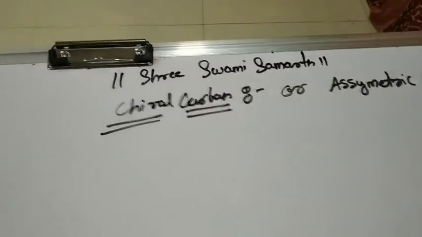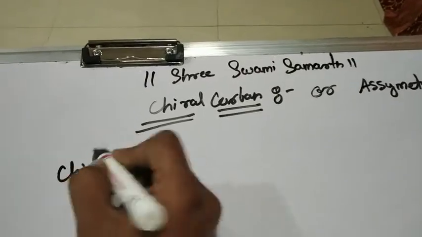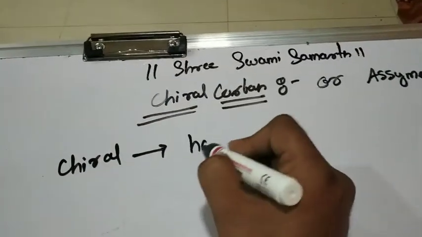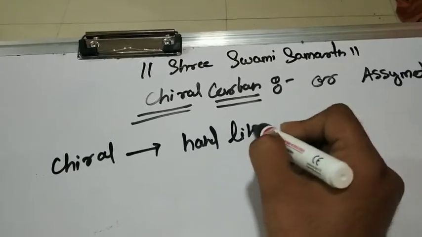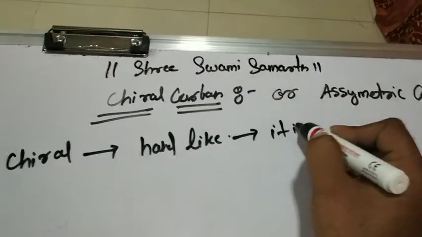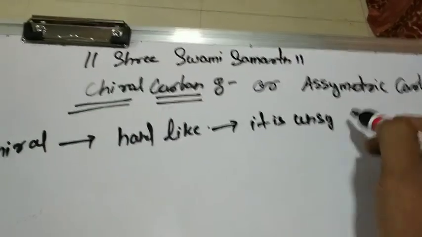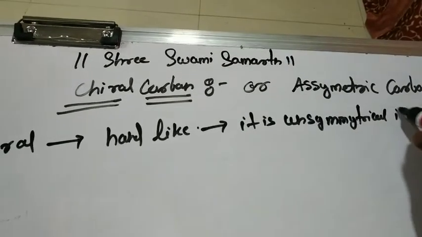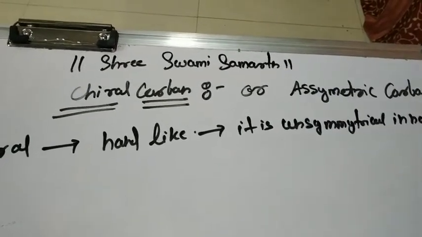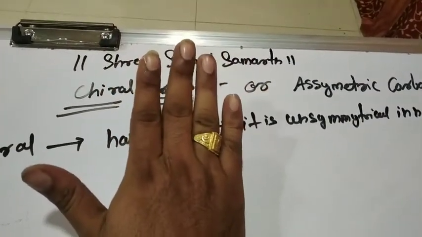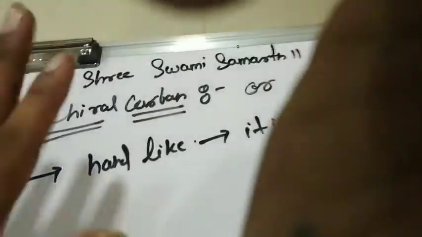So here in this case, what does the word chiral mean? See, chiral is nothing but hand-like, right? The meaning is that it is unsymmetrical in nature. Now what is hand-like? For example, when I take one hand and the other hand, they are nothing but mirror images of each other.